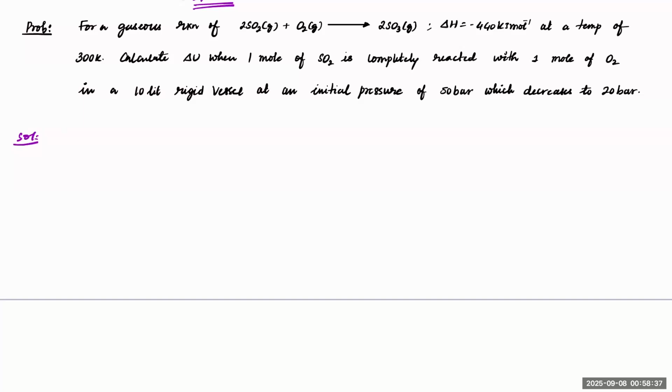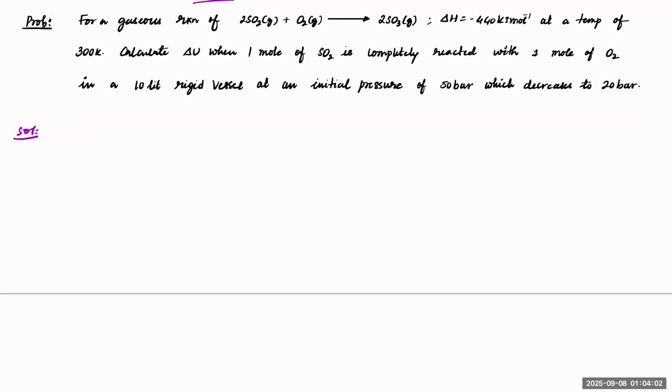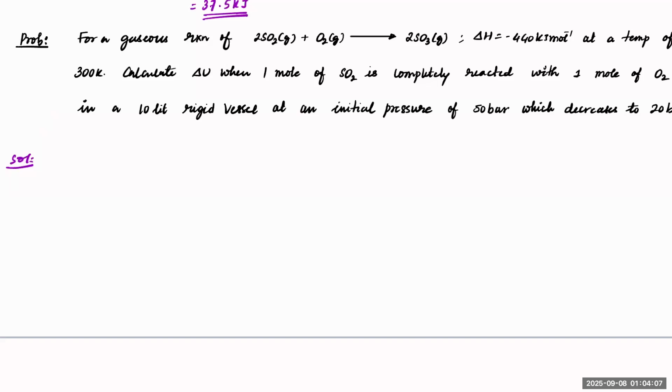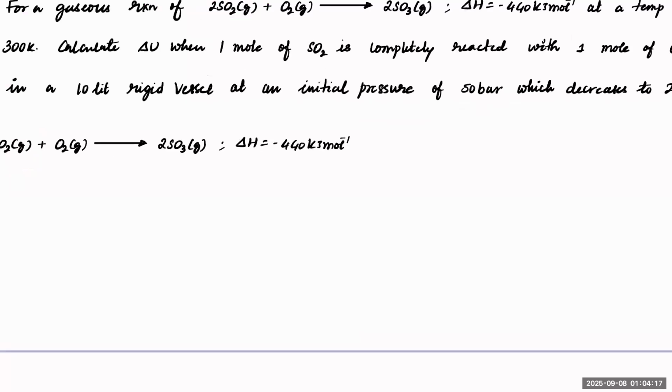Take your time, try it. Check it out, guys. No worries. First, as per the question, this data is given for 2 moles. So for 1 mole of SO2, delta H would be equal to minus 220 kilojoules per mole.